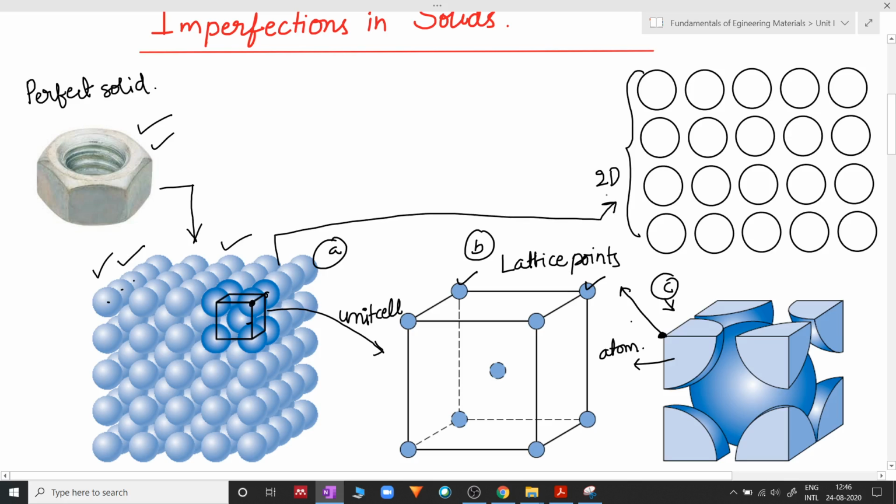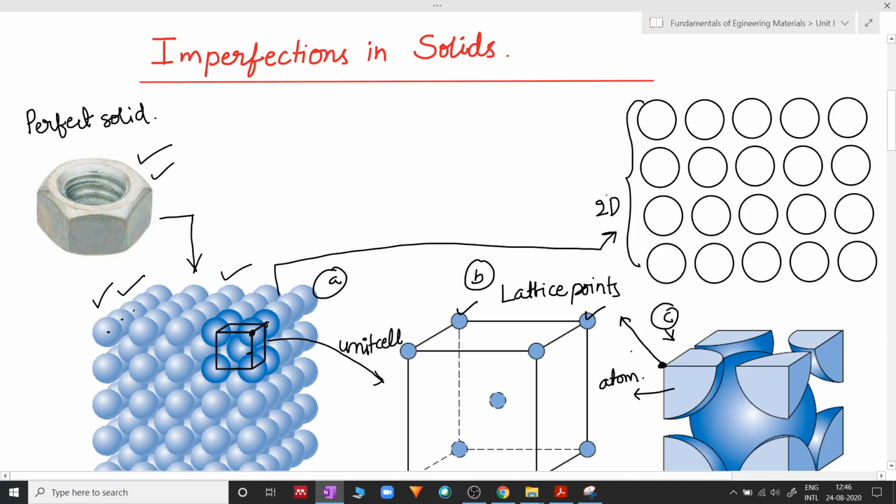But in reality, the materials are imperfect. The solids are imperfect. How many types of imperfections exist in a material?